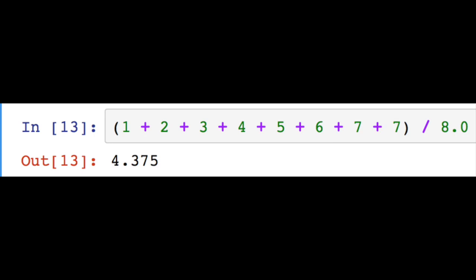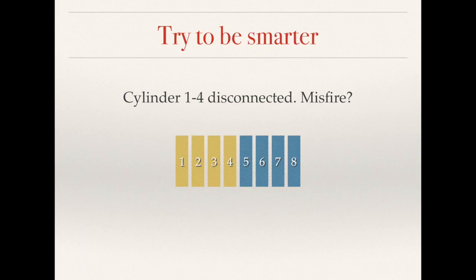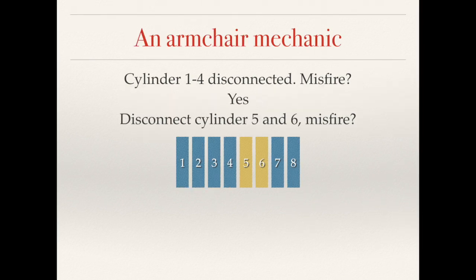So totally, the average number of questions we need to ask is 4.3 something. But as many of us may have already figured out, we can obviously do better than that trivial scheme of testing cylinders one by one. For example, we can simultaneously disconnect the first half of the cylinders and see if the funny noise disappears or not.